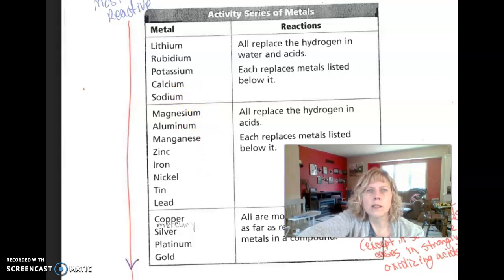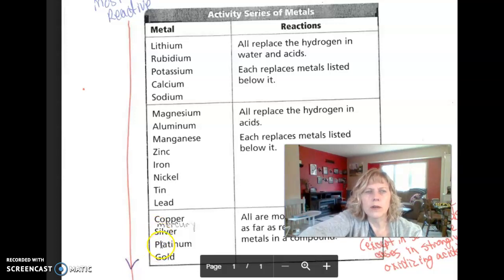So using this activity series, when I look at aluminum, magnesium is more reactive than aluminum. When I look at zinc, manganese is more reactive than zinc, and so on. So as you go further down, these are less and less reactive, which kind of makes sense. And then when we get way down here, copper is not very reactive at all.